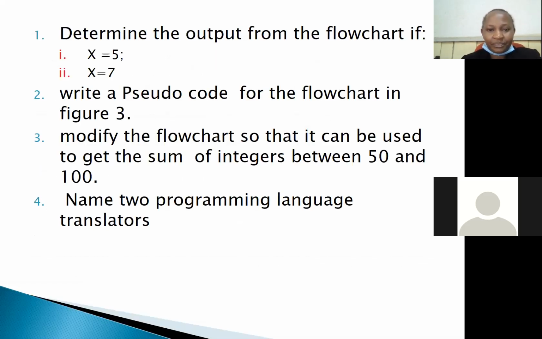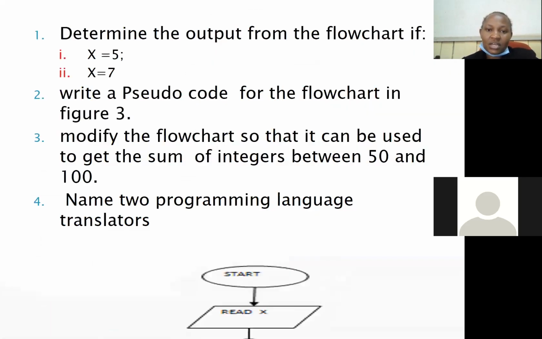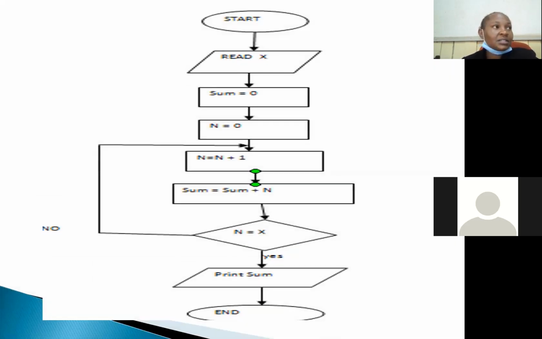Still in this, write a pseudocode for the flowchart in the figure above, figure 3. As a candidate, you are required to write a pseudocode. It is very good to do your pseudocode in a sequential order of events, the way they appear.